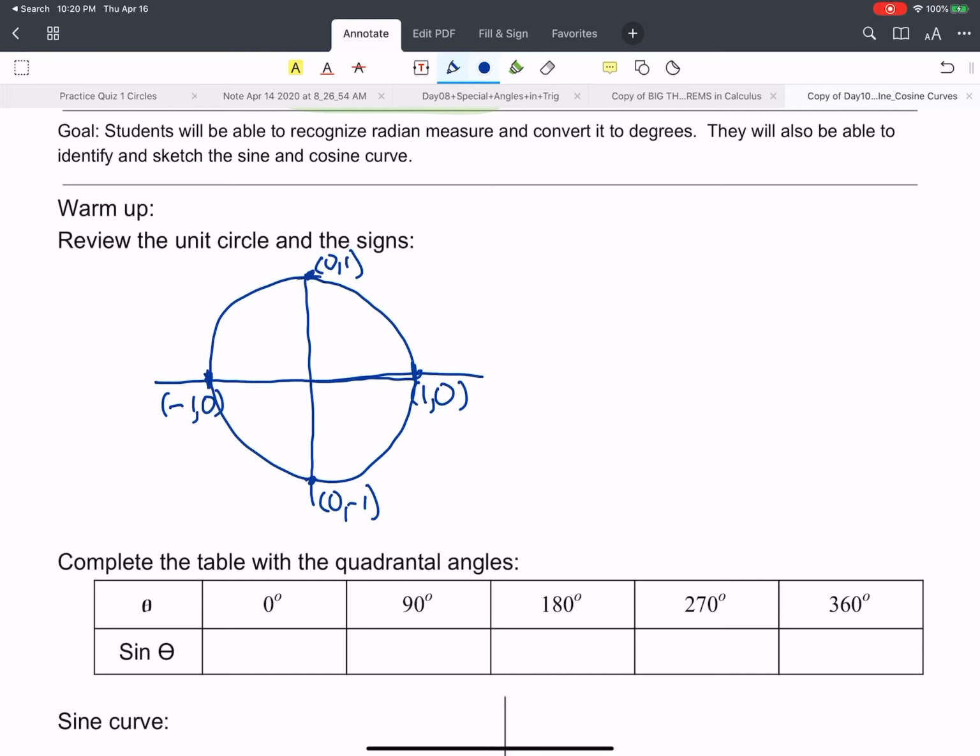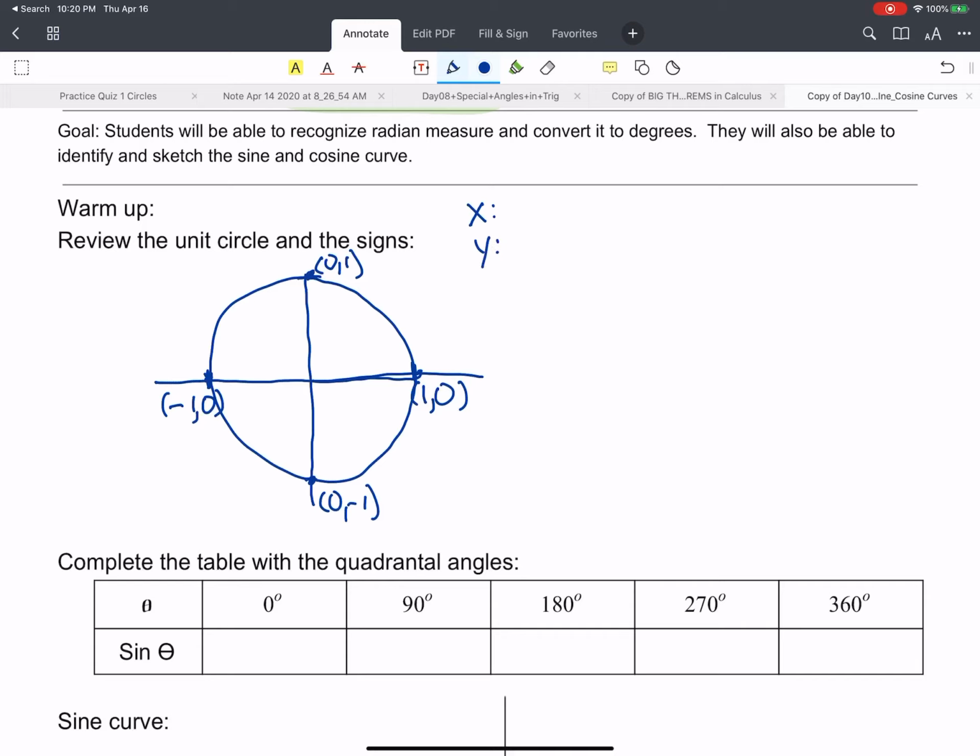If you also remember, there was a way to remember the x coordinate and the y coordinate. What is always the x coordinate and the y coordinate? Some people remember in alphabetical order.